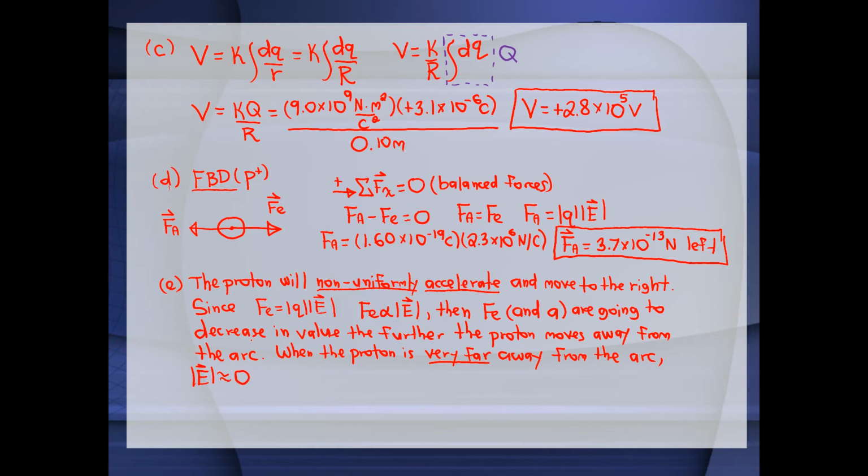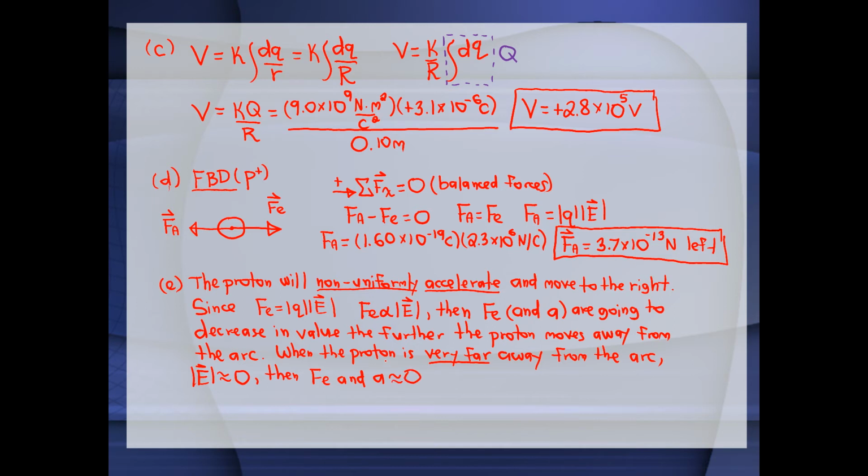And if your electric field is going to be 0, then Fe and A would be approximately equal to 0.